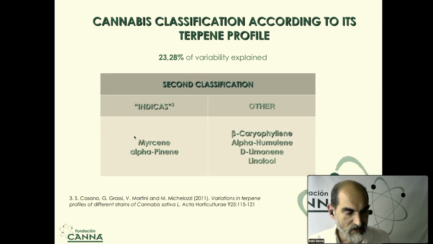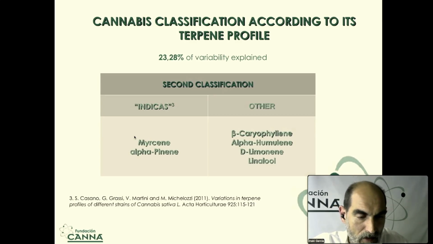Second, the statistical tool told us that the second classification of the plants can be done between plants that have high levels of myrcene and alpha-pinene and other plants that have high quantities of beta-caryophyllene, alpha-humulene, limonene, or linalool.